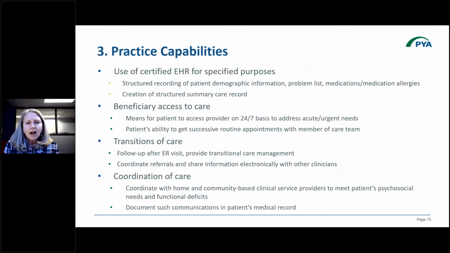I apologize. CMS has noted that an entity that provides CCM has to have certain capabilities to be able to support the patient beyond just that 20 minutes of clinical staff time spent with the patient. CMS expects that a practice that furnishes CCM utilizes a certified EHR for specified purposes.